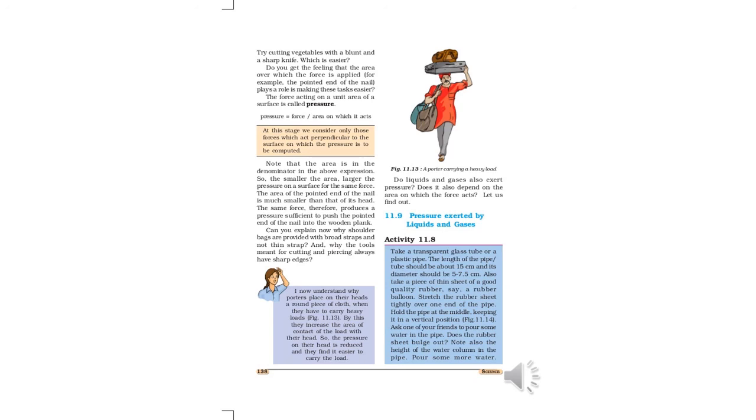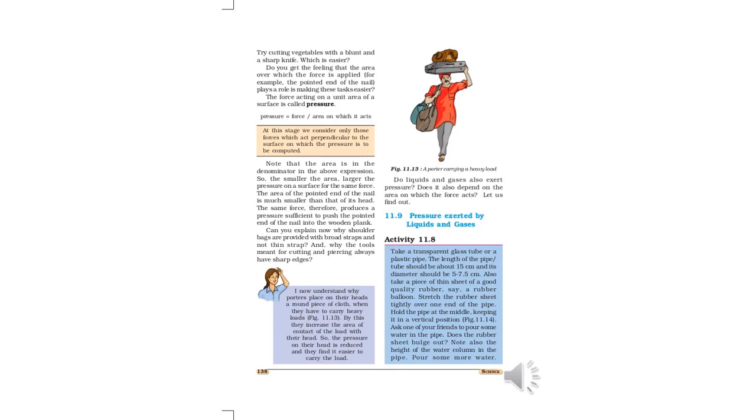Here less water is there, so less bulging of the balloon. More water is added, the level of the water column is high, more bulging also you can see. So from this we can say pressure exerted by water at the bottom of the container depends on the height of the column.